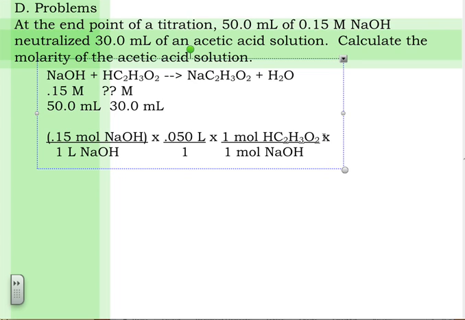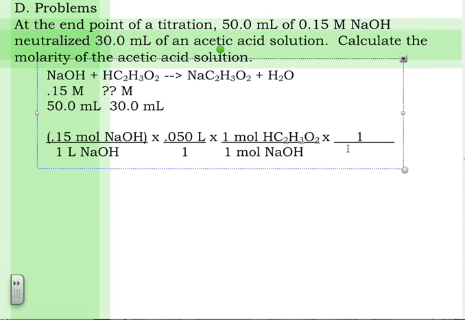The last step here is now we're in moles of acetic acid, and what we want is it in liters. So we're basically going to divide by the liters of our acetic acid.